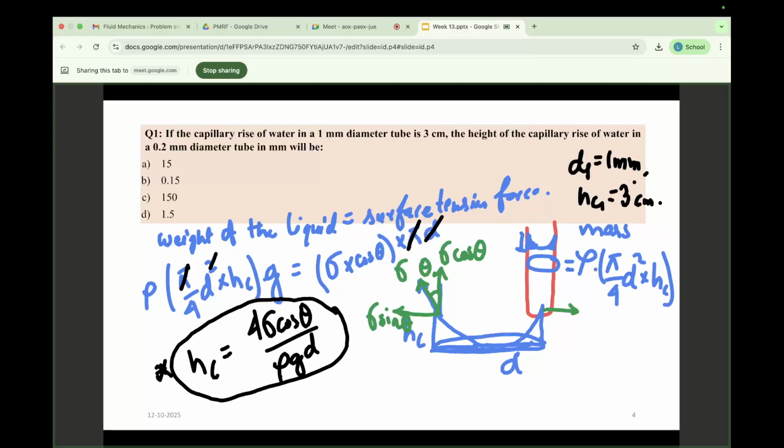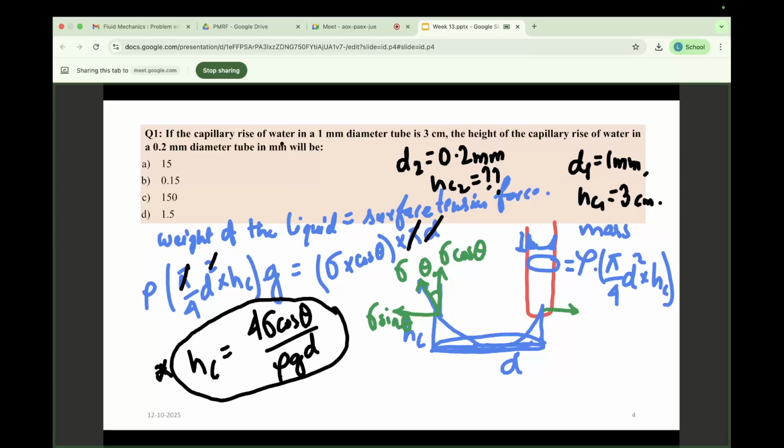We have to convert it into either mm or the 1 mm into centimeter, so that thing you have to convert. You are asked the height of the capillary rise of water in a 0.2 mm tube diameter. So the question says that if D2 is 0.2 mm, then what is h2? That is the question, right?